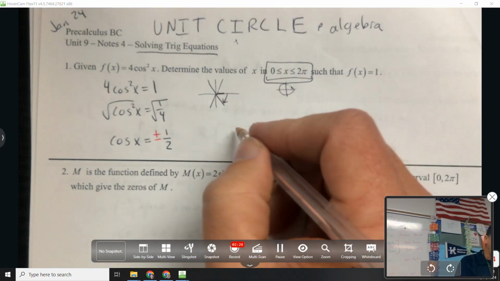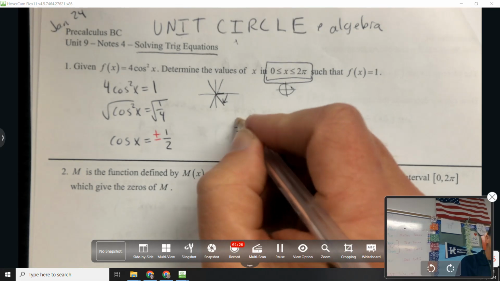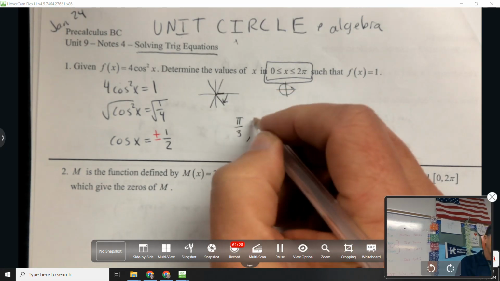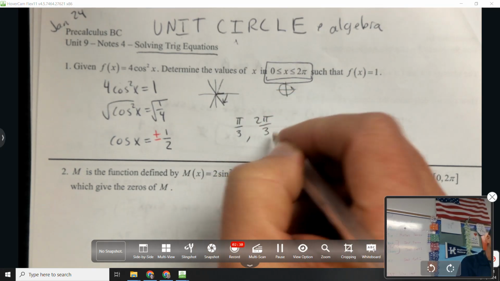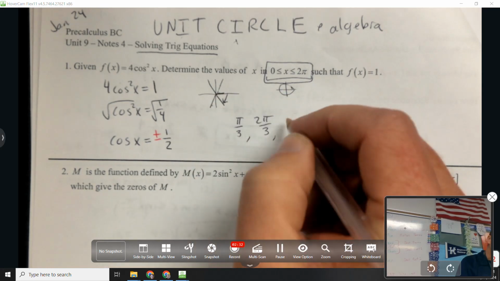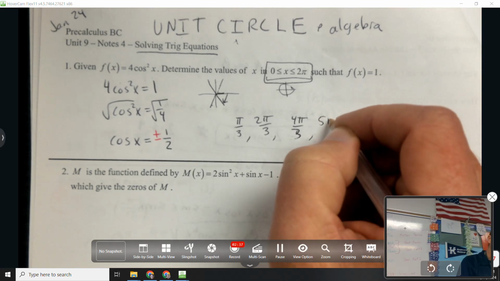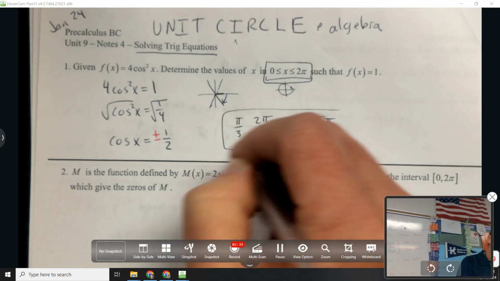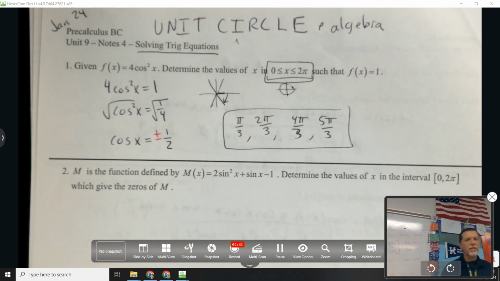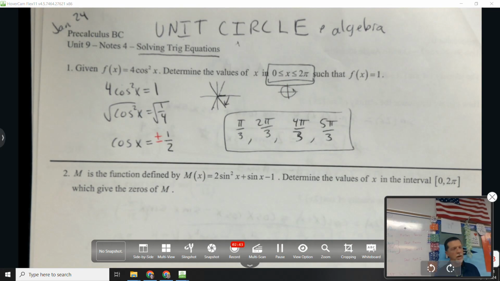So they're definitely all over 3. So pi over 3, 2 pi over 3, 4 pi over 3, and 5 pi over 3. But not negative pi over 3, because that's not between 0 and 2 pi.